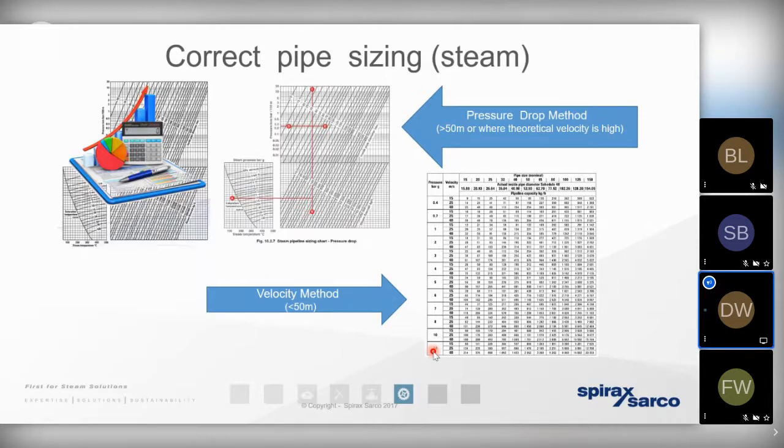It all really depends upon how wet the steam is, how much particulate there is likely to be in the steam. So if we were assured that we had an excellent condition of dry steam with no particulate in it, then we may be tempted to move towards the 40 meters per second velocity.